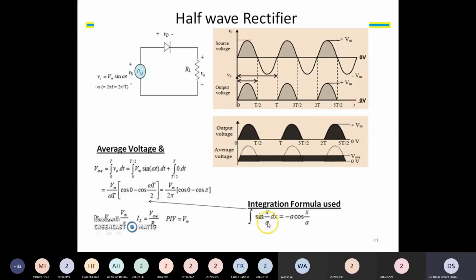The output voltage from 0 to T by 2 is a positive sine wave, then T by 2 to time T it is 0. And when we take the average it is of a very small value. This shaded area represents the average value, and we can find the average value by performing the mathematics as shown over here. This gives us the average output value.